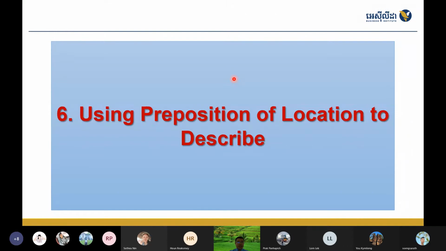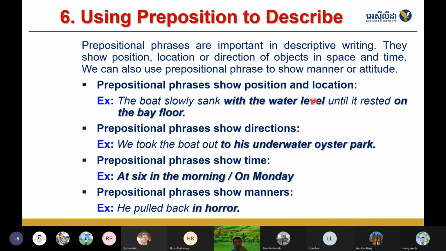Okay, number 6, the same. Read this one, Lumlek. Yeah, teacher. Using prepositions to describe. Prepositional phrases are important in descriptive writing. They show position, location, or direction of the object in place and time. We can also use prepositional phrases to show the manner or attitude. Prepositional phrases show position and location.